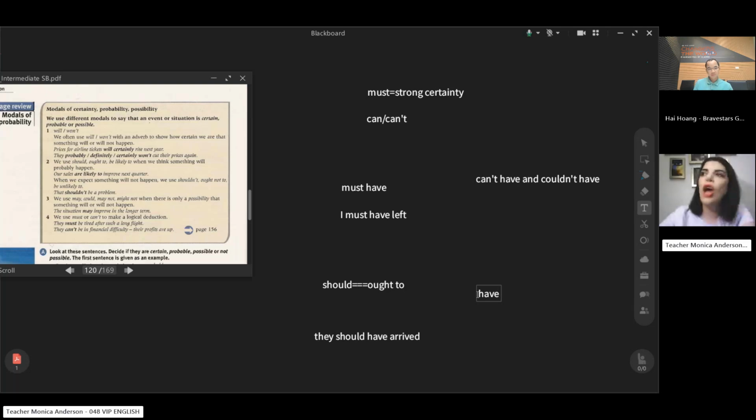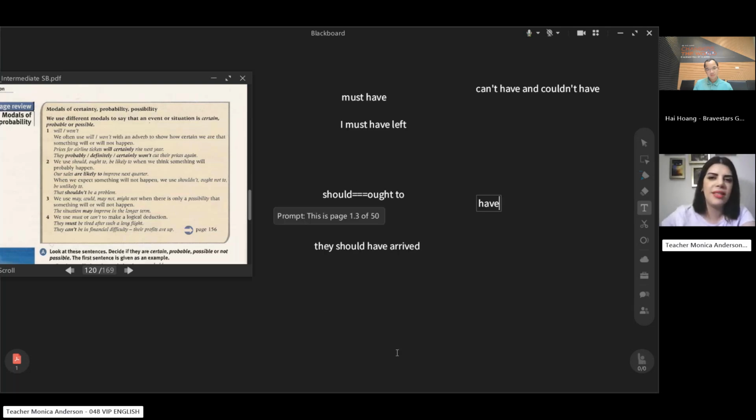You can also use could for possibilities, or may or might. So to talk about something that is possible, but there is no guarantee. We don't expect it, it's just possible.